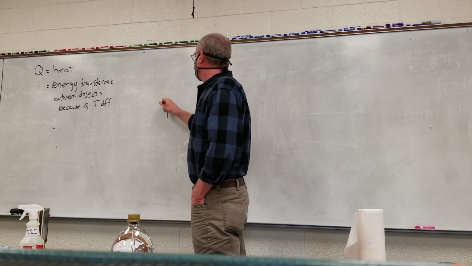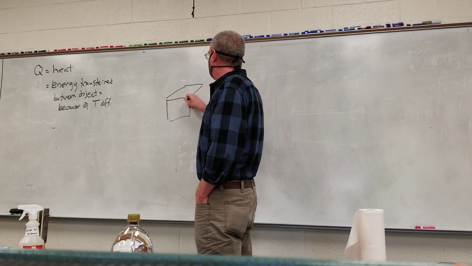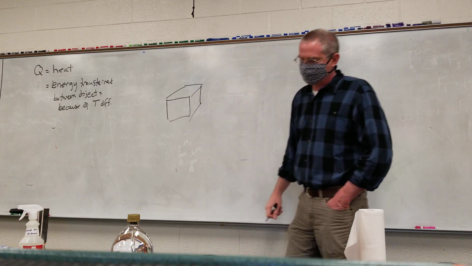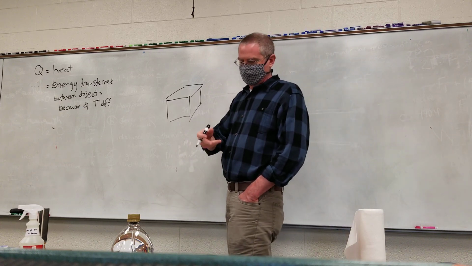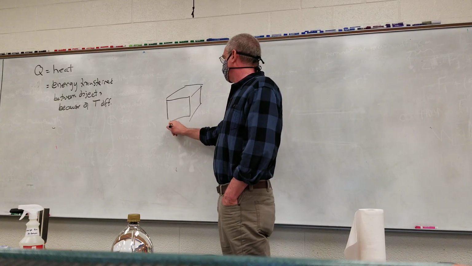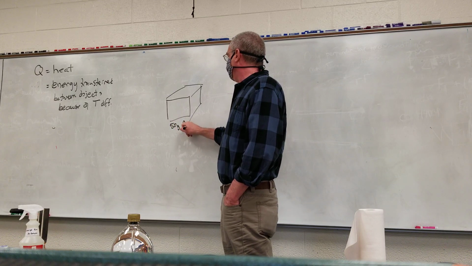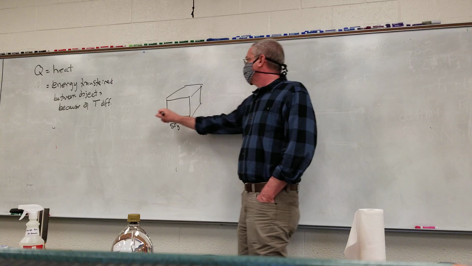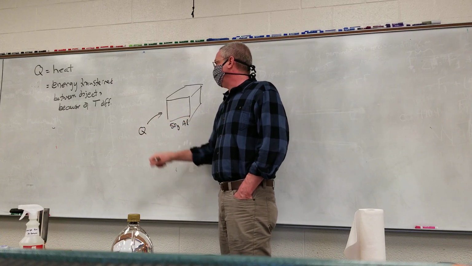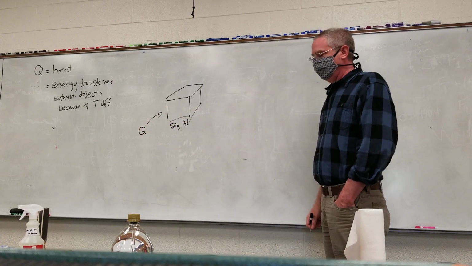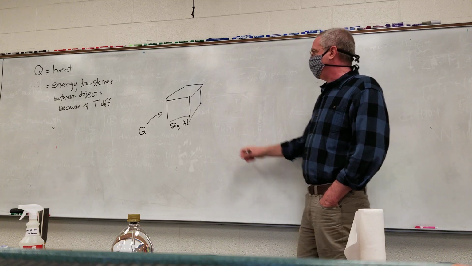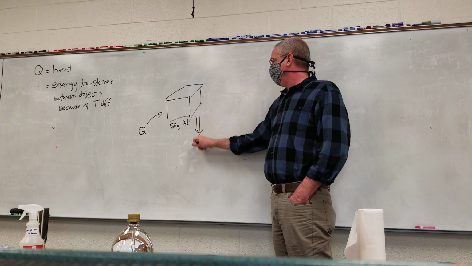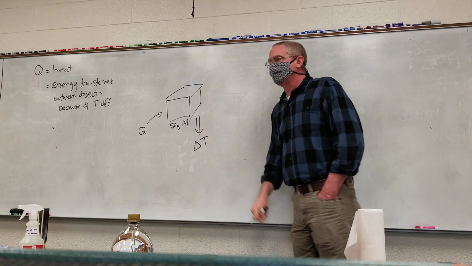So I have some sort of cube right here of a material. And based on my notes, I think I'll probably be using this in just a moment. I have 50 grams of aluminum. There's some sort of energy I put into it, and that is going to cause a change in temperature.